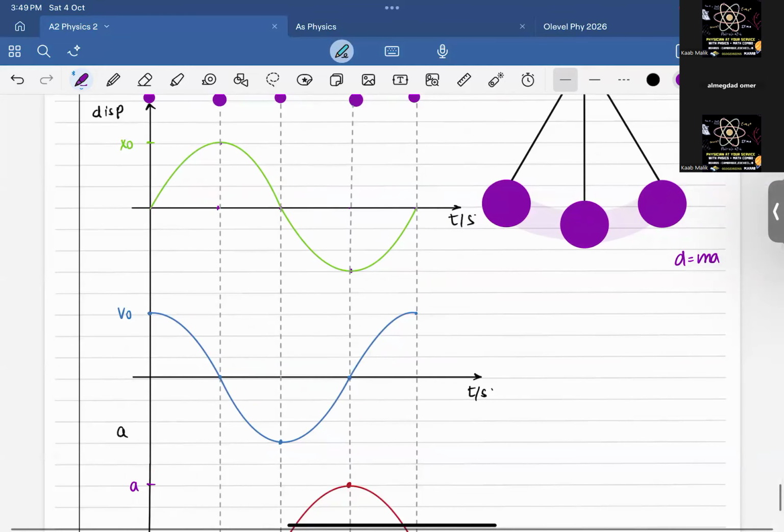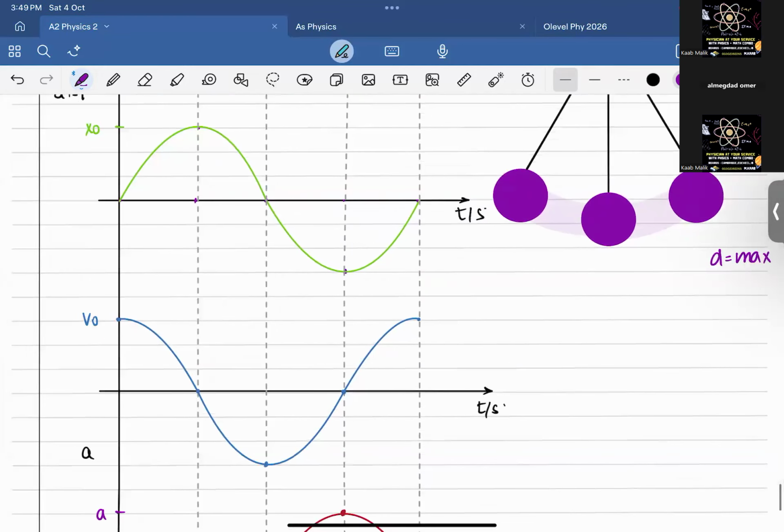The velocity was zero, and the acceleration was negative maximum. And over here, the displacement is zero, the velocity is maximum, and the acceleration is also zero. And over here, the displacement is maximum but in the opposite direction, the velocity is zero because of the max height, and the acceleration will be maximum.